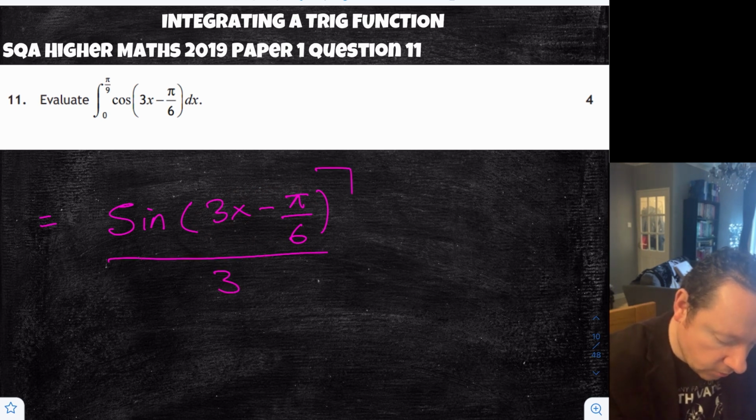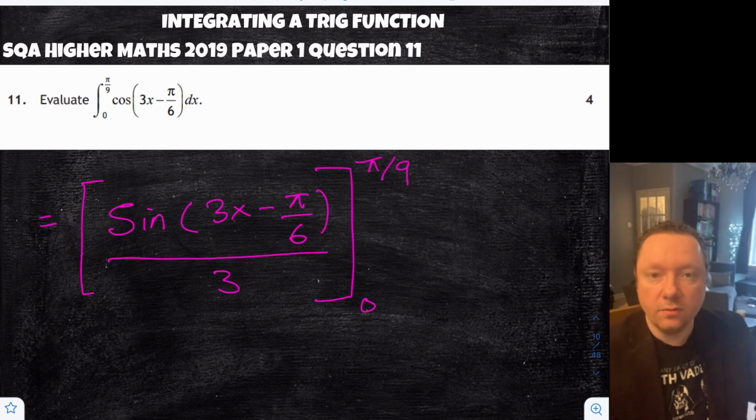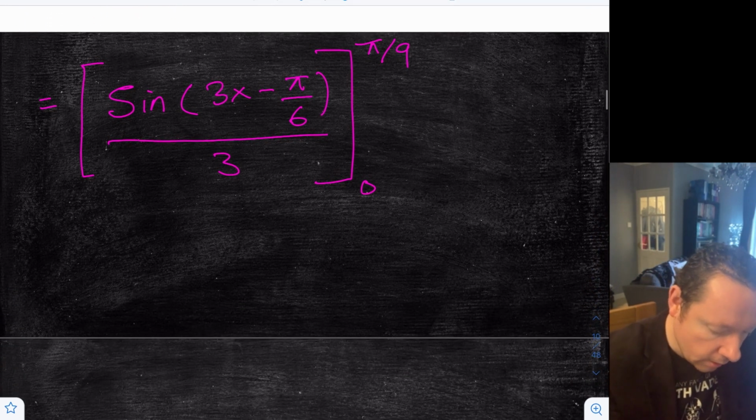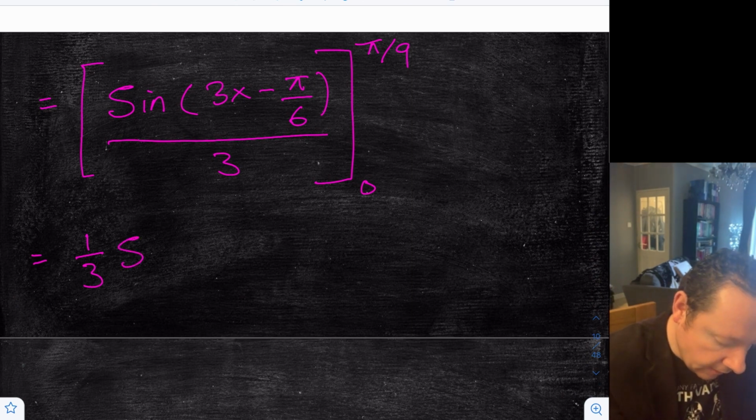And that is the integral between 0 and pi over 9. So there's our first step. Now we need to just substitute in. So that gives us a third of sine, well, 3 times pi over 9, we'll just write, minus pi over 6.